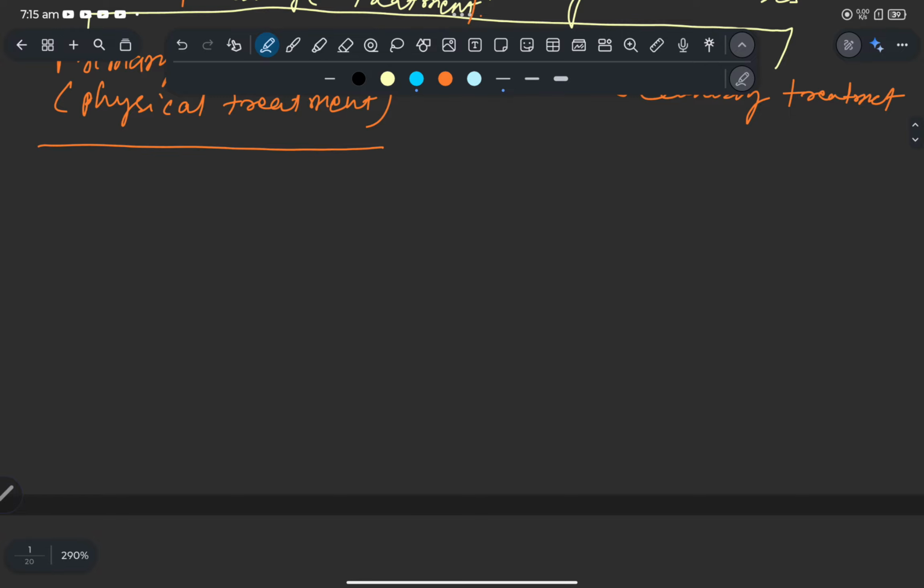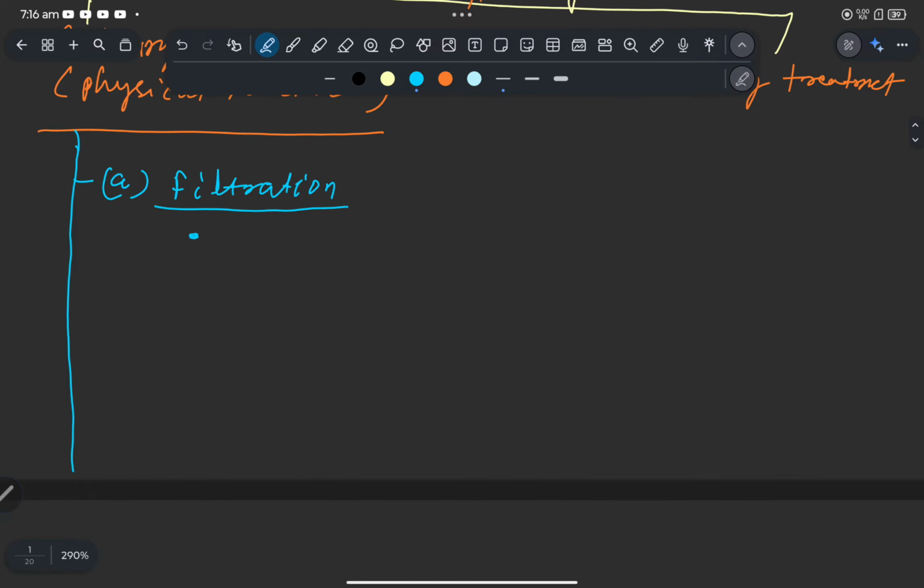The primary treatment involves, the first step is filtration. So what is filtration?